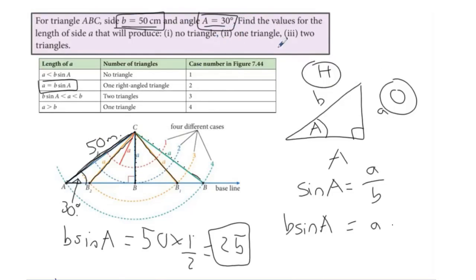Now, part 2, when is one triangle going to happen? There are two cases that involve one triangle. There's the one right-angled triangle, when A equals B sine A, so when A equals 25 centimeters.